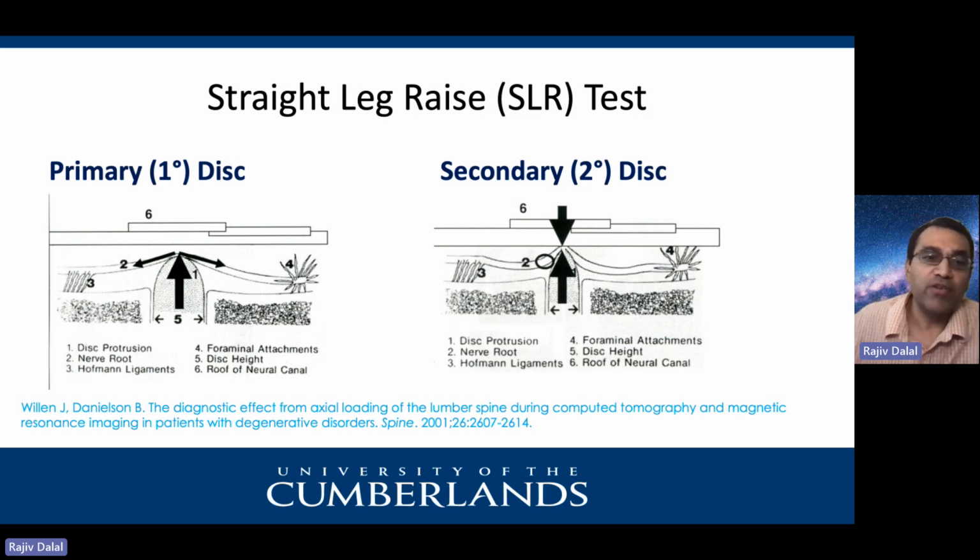Now, what tends to happen, if you look at this diagram here, you could see that if the disc does bulge out, the disc is represented by this structure here. The vertebral bodies are on either side of it. So this disc, as it does bulge out, it potentially can impact this structure here, which is the nerve root. And importantly, it can cause what we call nerve root impingement.